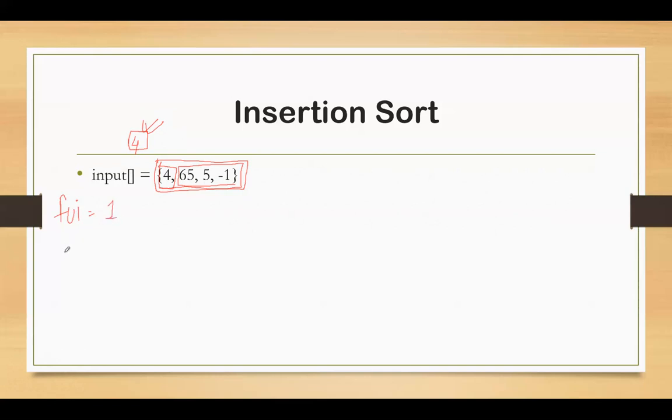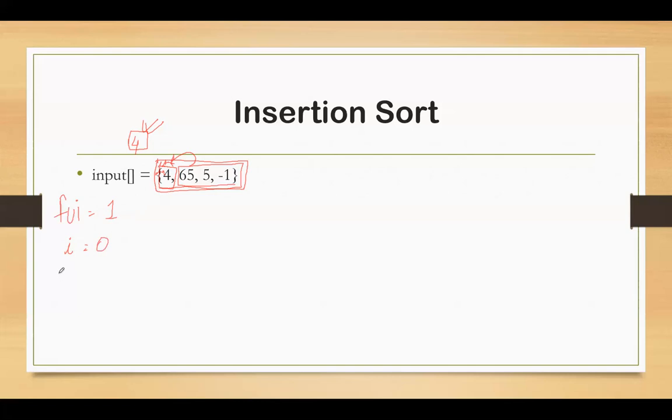The other variable we'll take is i. This index will be used to traverse the sorted partition from right to left. As we discussed, we keep pulling items from the unsorted partition and putting them into the sorted partition at their right place. So i will help us traverse the sorted partition, and initially it will start at 0.